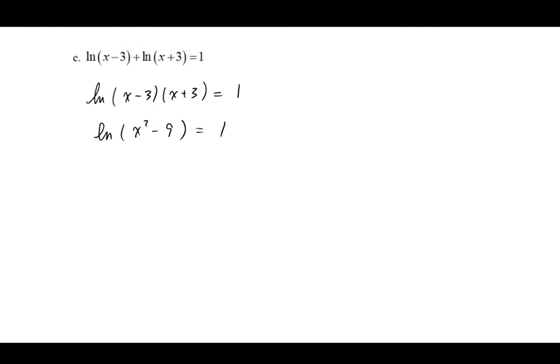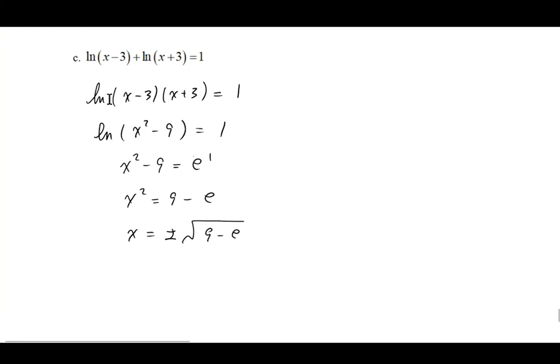Write it in exponential form. So x squared minus 9 is equal to, remember, this is natural log, base e, so e to the first power, which is just e. And what is that? We don't care. It's 2.72-ish. So x squared is equal to 9 minus e. And of course, x is equal to plus or minus the square root of 9 minus e.